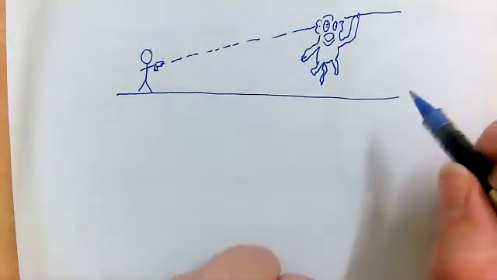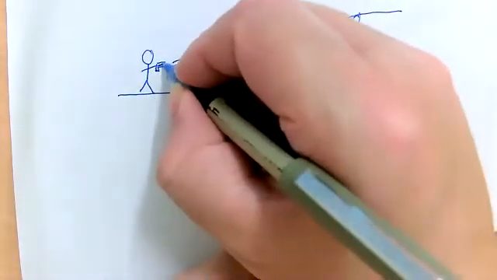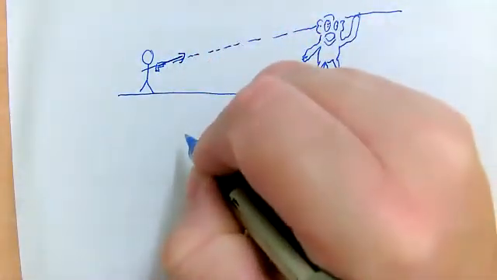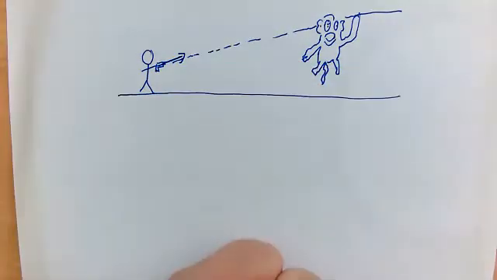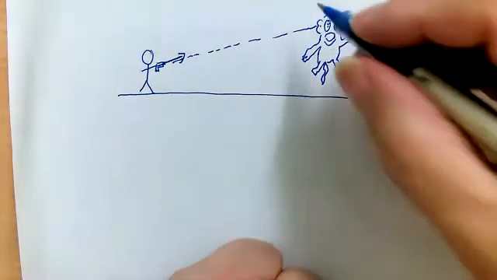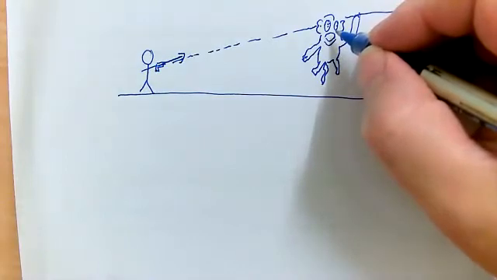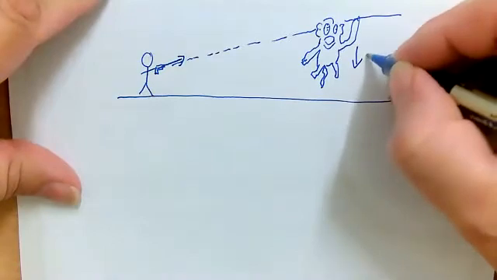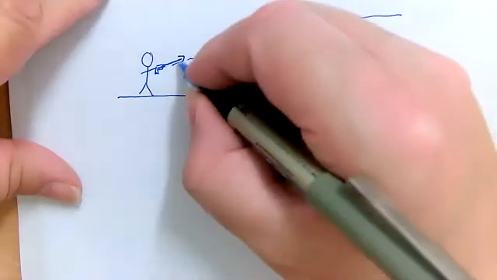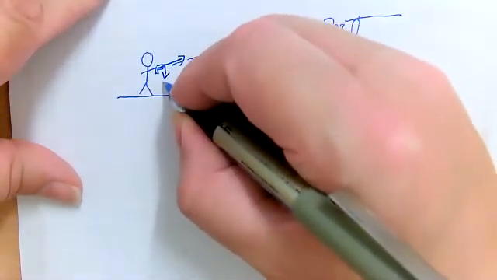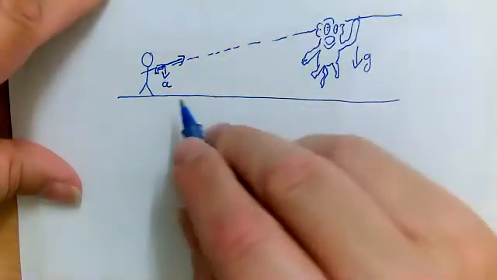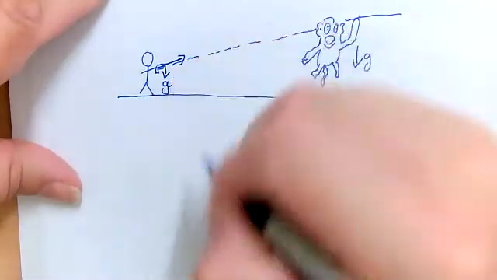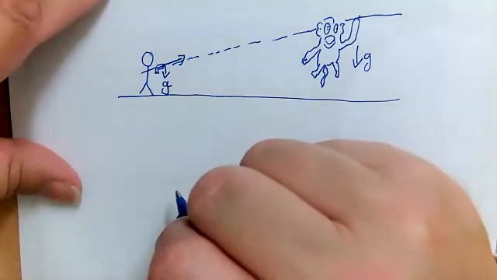What actually happens is when the bullet is fired, it's got a horizontal and vertical component of its trajectory. Let's imagine the monkey decides to let go of the branch just as the bullet is fired. The monkey will accelerate downwards with the same acceleration as the downwards acceleration of the bullet from the gun. Does that make sense?